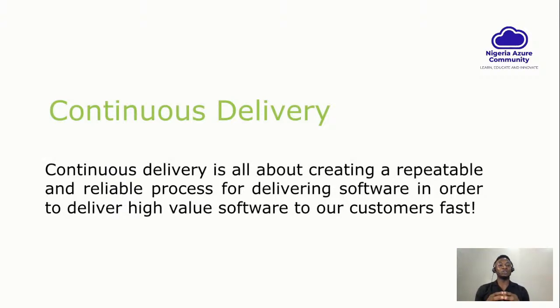Continuous delivery is all about creating a repeatable and reliable process for delivering software in order to deliver high value software to our end users. So with continuous delivery, we can continuously and reliably deliver software to end users in real time.